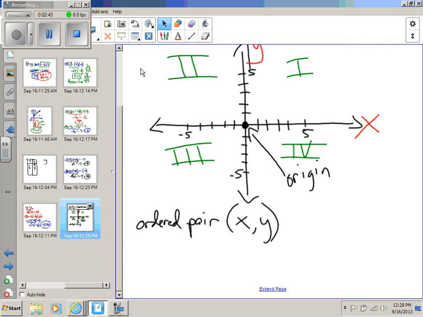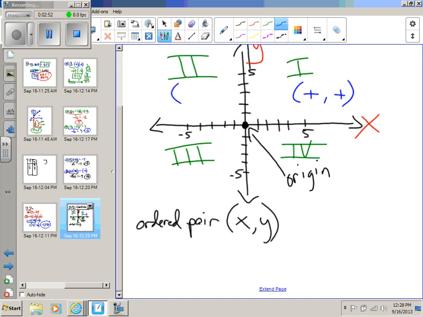So if you are dealing with ordered pairs in the first quadrant, you have a positive x and a positive y. If you are dealing with ordered pairs in the second quadrant, what happens to your x-axis value? It's negative, but your y is still positive.